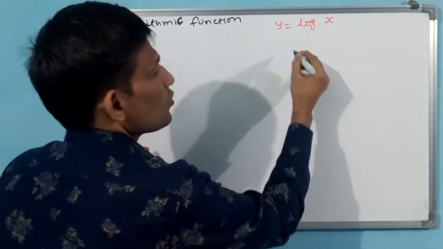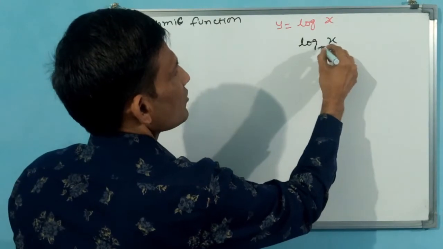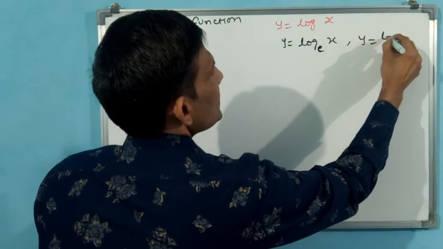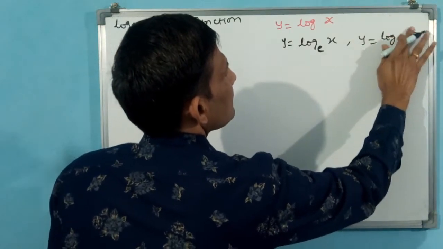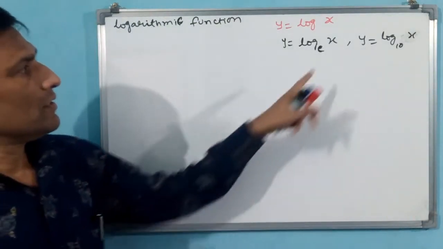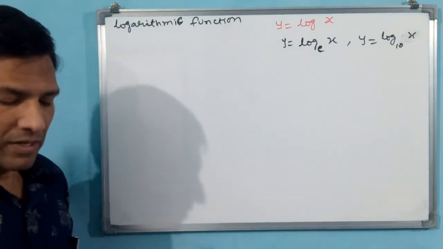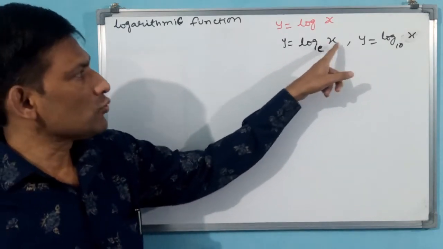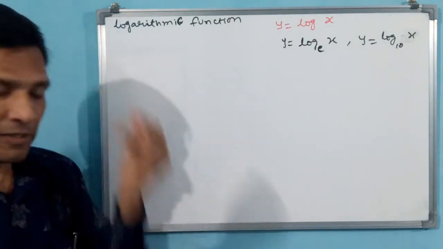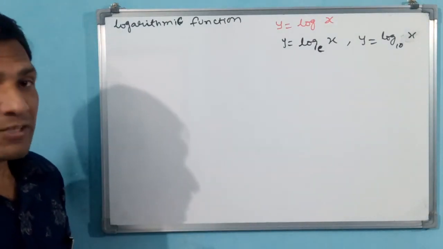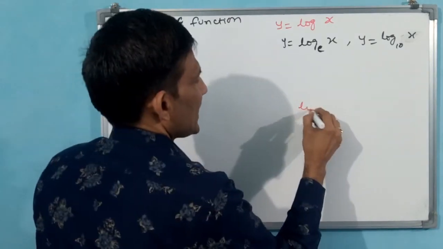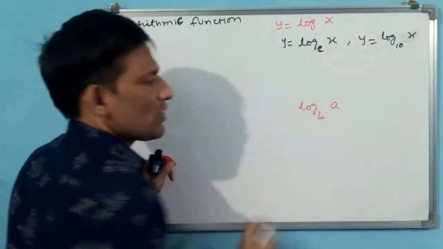Standard means, you see, two standards are there. y is equal to log x to the base e. y is equal to log x to the base 10. You have to call log x to the base e, log x to the base 10, like that you have to call. log a to the base b.